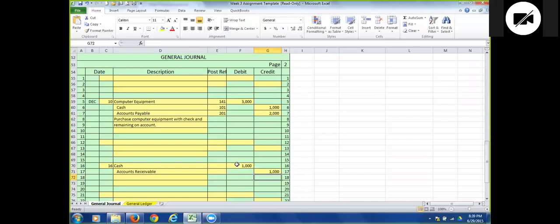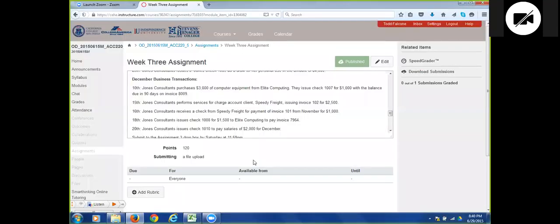Because when you're receiving a check, money's coming in, so cash has to increase. Cash is an asset. Assets have normal debit balances, so they increase with debits. Accounts receivable, because you're receiving payment from an invoice that was already issued, so you already increased your accounts receivable.